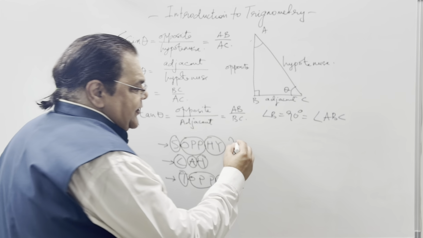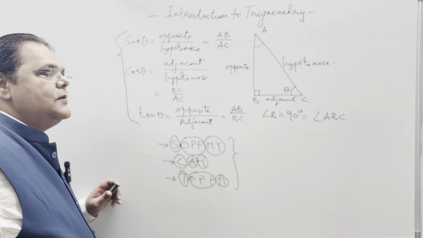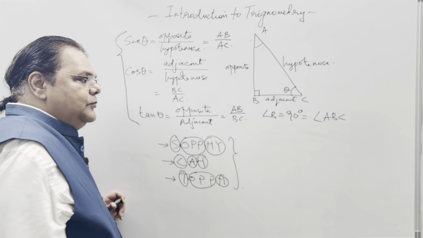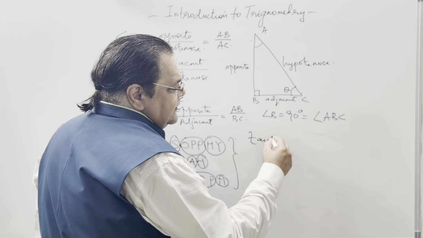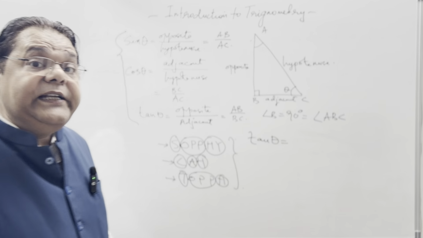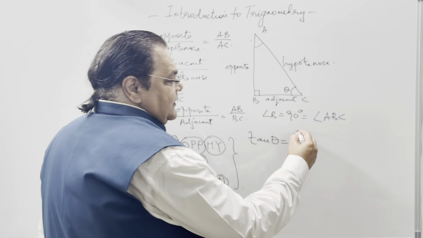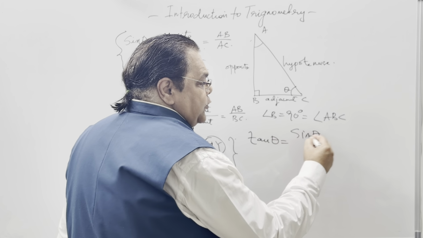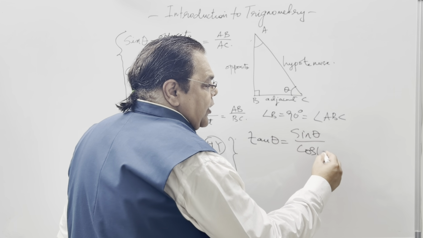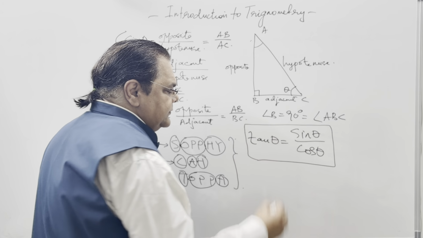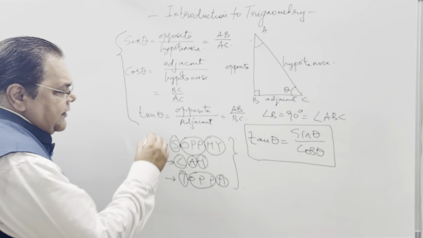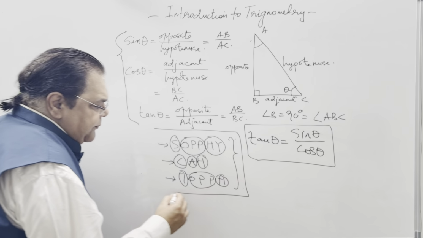These are the trigonometric ratios. Now, we will write tan theta in terms of sine theta and cos theta. Tan theta is equal to sine theta by cos theta. Please remember this. This is very important.